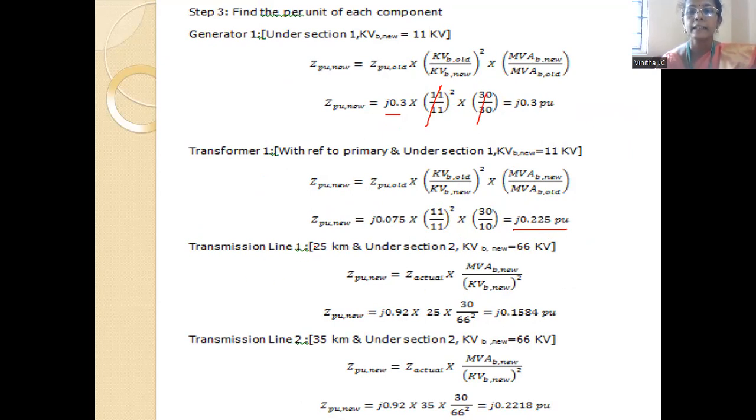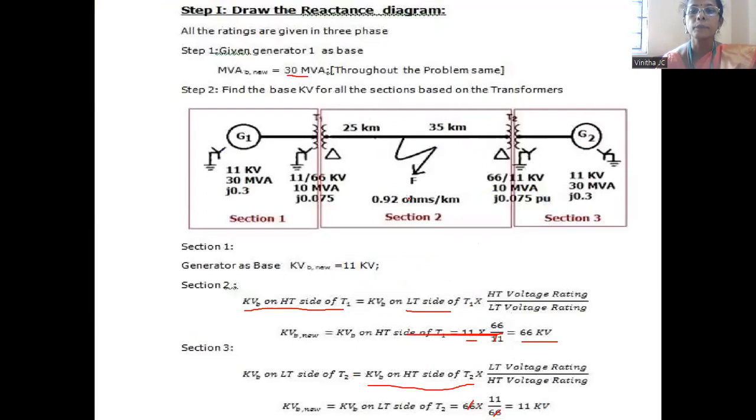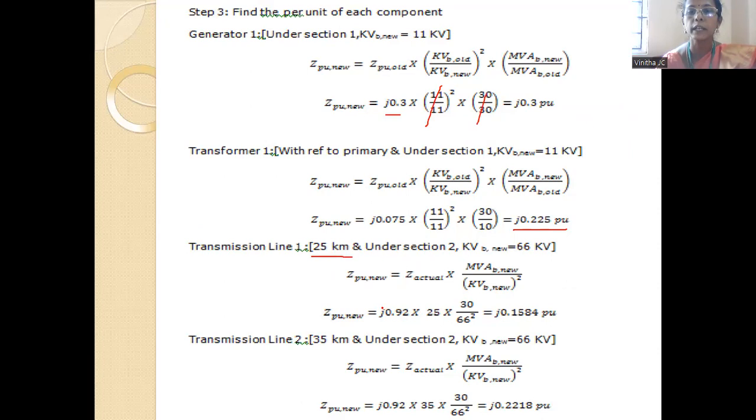And the transmission line. Since we are dividing the transmission line into two sections, we have to calculate the per unit reactance separately. So for the 25 kilometer line, which comes under section 2, we have to calculate. Here the values are given in ohms per kilometer, so we have to use another formula to calculate Z per unit. What's the formula? It is actual value divided by base value. Z actual is given in the problem, and the base value formula is KVB the whole square divided by MVAB new.